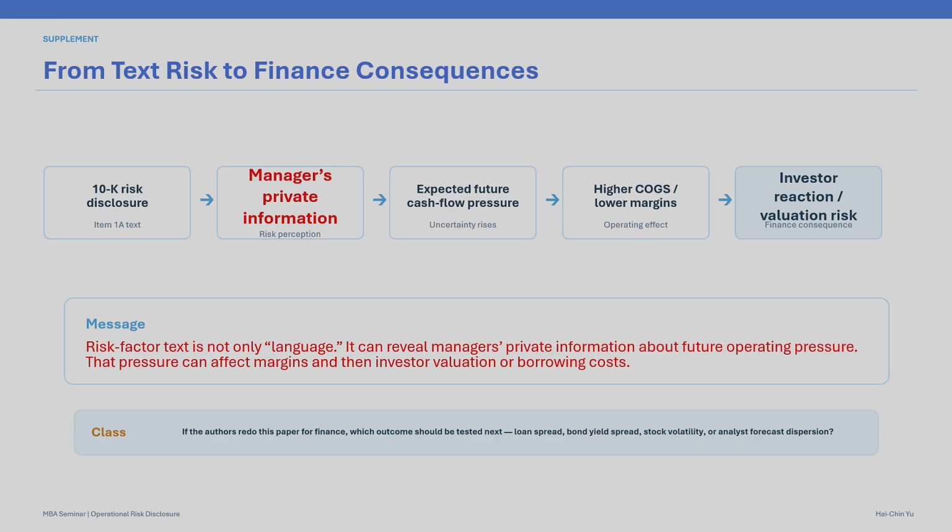So this pressure can affect the margin and might affect the investors' or analysts' valuation and also impact the lender's borrowing cost. So many consequences will appear when you disclose the private information.